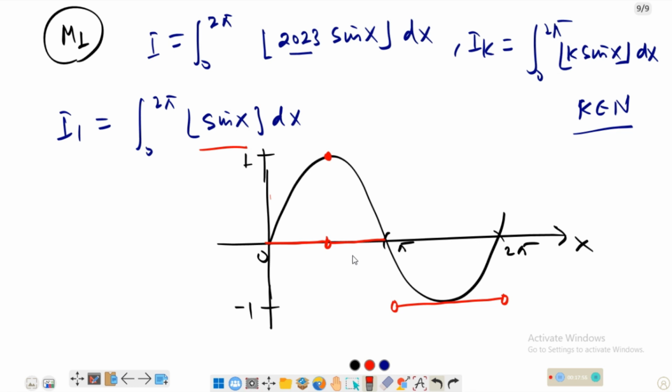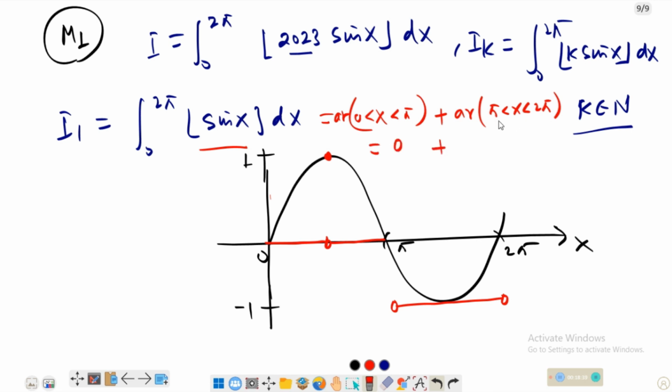So the integral is equal to the area under this curve, with algebraic sum. From 0 to pi, the area is equal to 0.